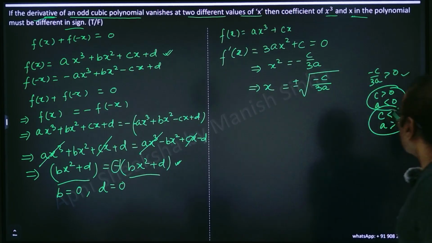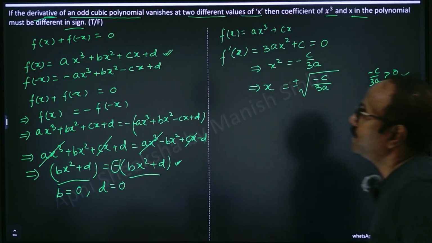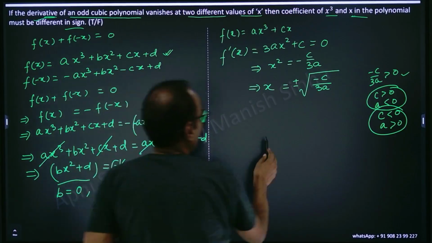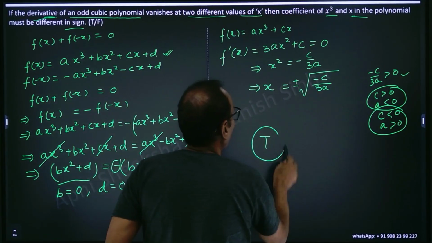So we can say that c and a are of different sign, which is given in the question. So your answer will be true.